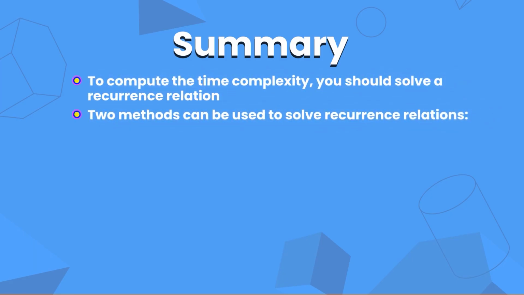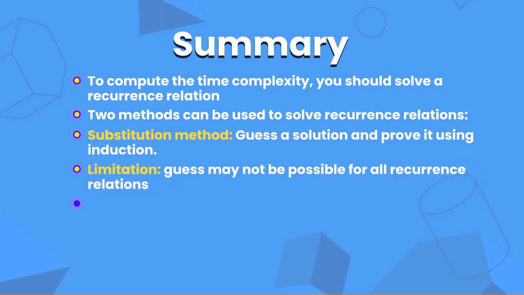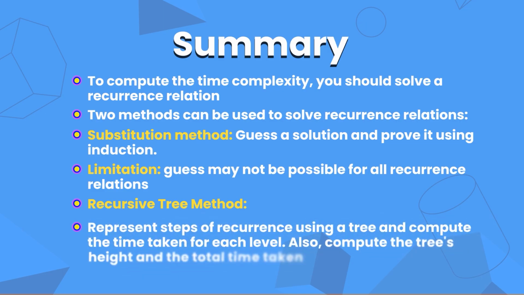The substitution method, where we guess the solution; however, the limitation was that a guess may not be possible for all recurrence relations. And the recursion tree method, where we break the recurrence into a tree, may not be very obvious in certain cases and may not be able to solve all kinds of problems, but still gives a probable solution which can be used in the substitution method.